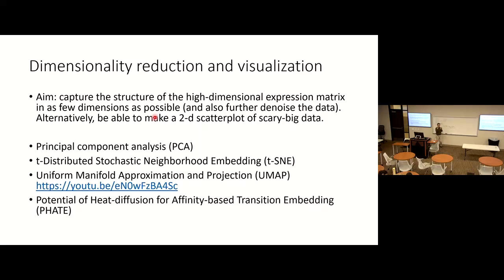So you actually measure the distance from one data point to another, okay?